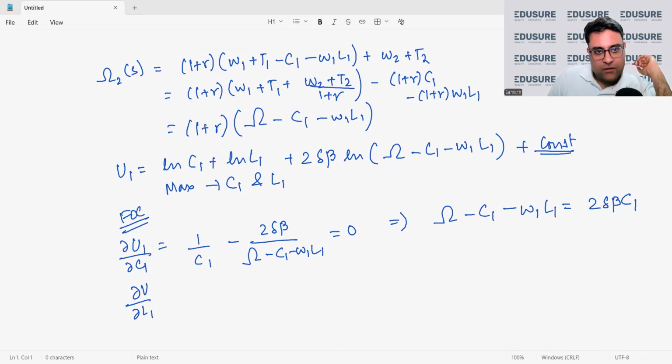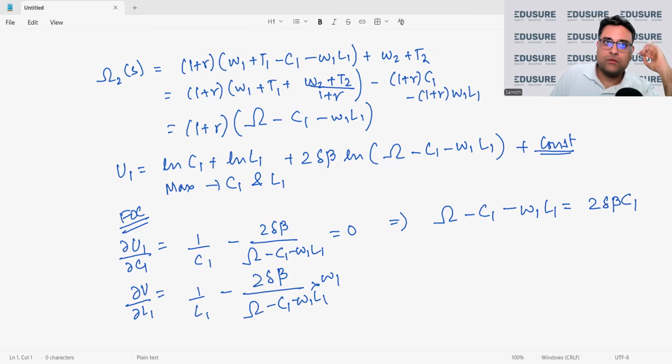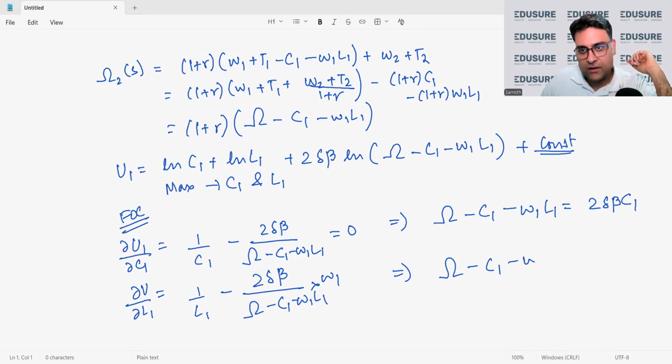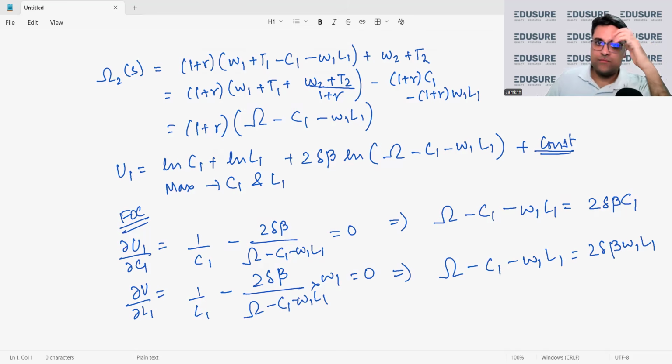Del U del L1 is 1 by L1 minus 2 delta beta into W1 by omega minus C1 minus W1 L1, equal to 0. Or in other words, take it on the other side: omega minus C1 minus W1 L1 is equal to 2 delta beta W1 L1.